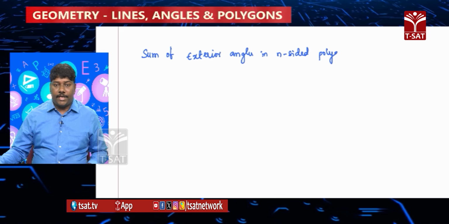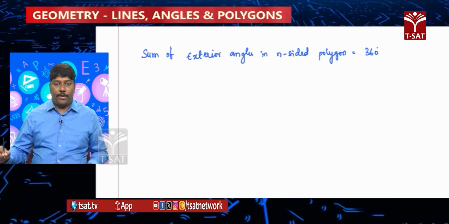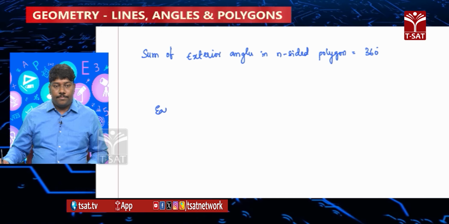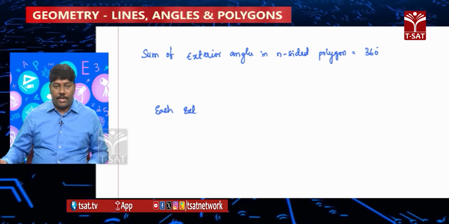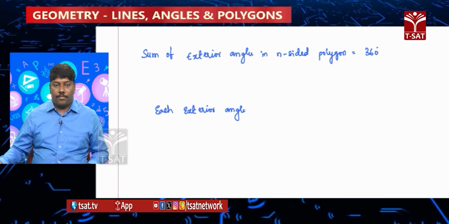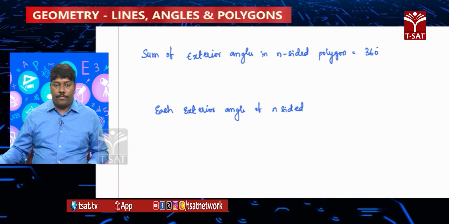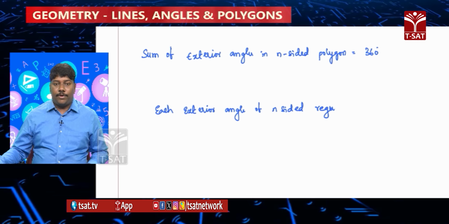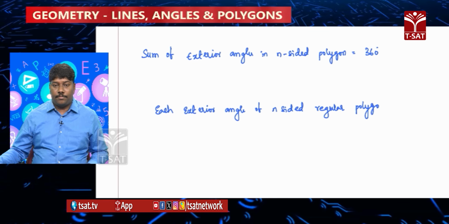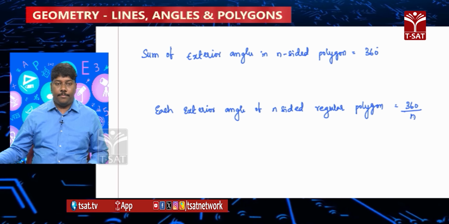So the number of sides doesn't matter. The sum is independent of the number of sides because it always forms a circle. It is 360. Each exterior angle of an n-sided polygon, it must be regular, otherwise you can't find it out, is equal to 360 degrees divided by n.